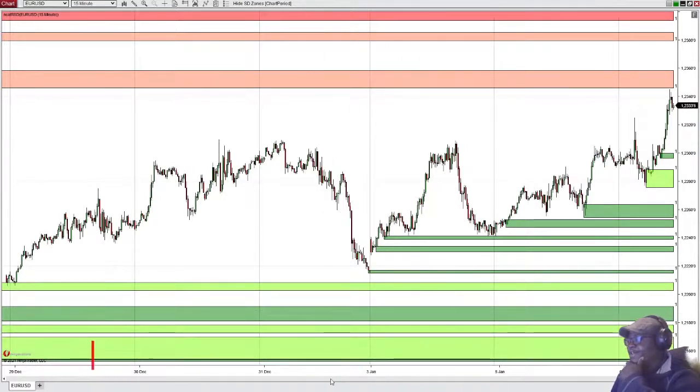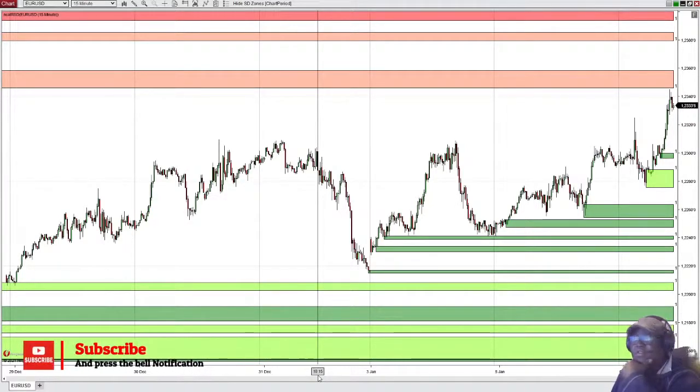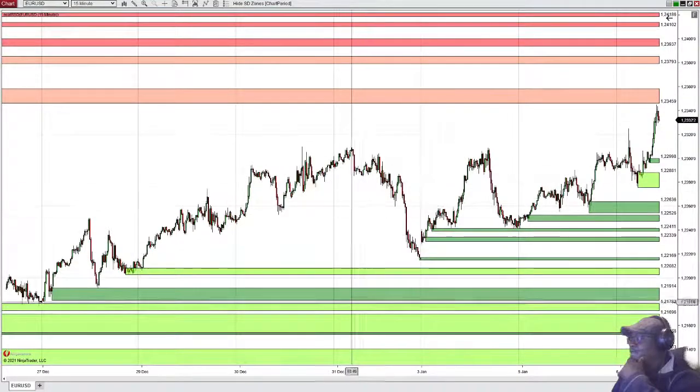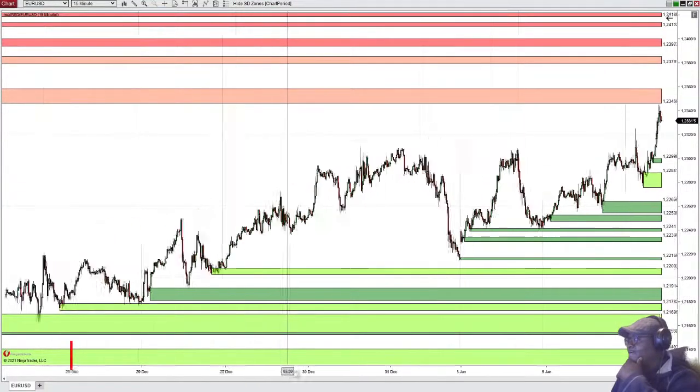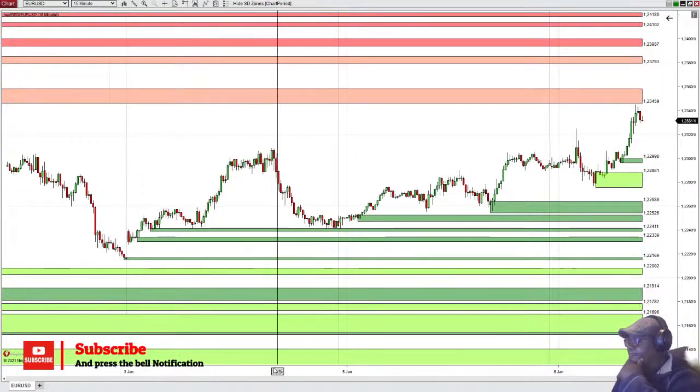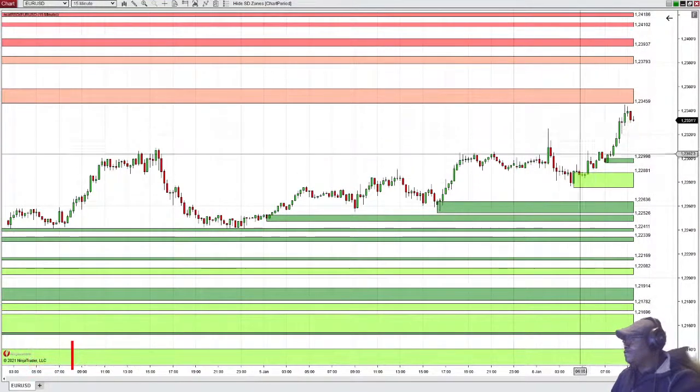So we're looking at another potential sell on the day trade, just a 15 minutes, just a short trade if you're planning on taking a short trade.